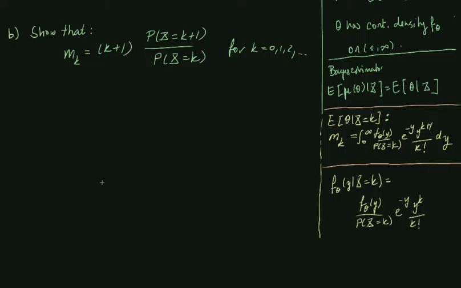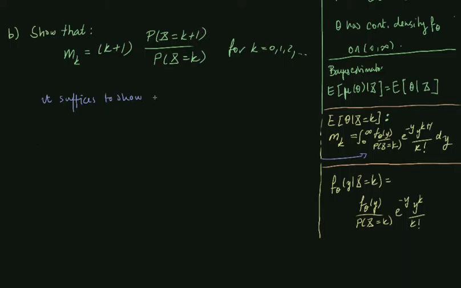We have already established an expression for MK that we see here. This expression also has 1 divided by the probability that x is equal to k. So it suffices to show that this expression without the division by the probability that x is equal to k is the same as k plus 1 multiplied by P of x equal to k plus 1.